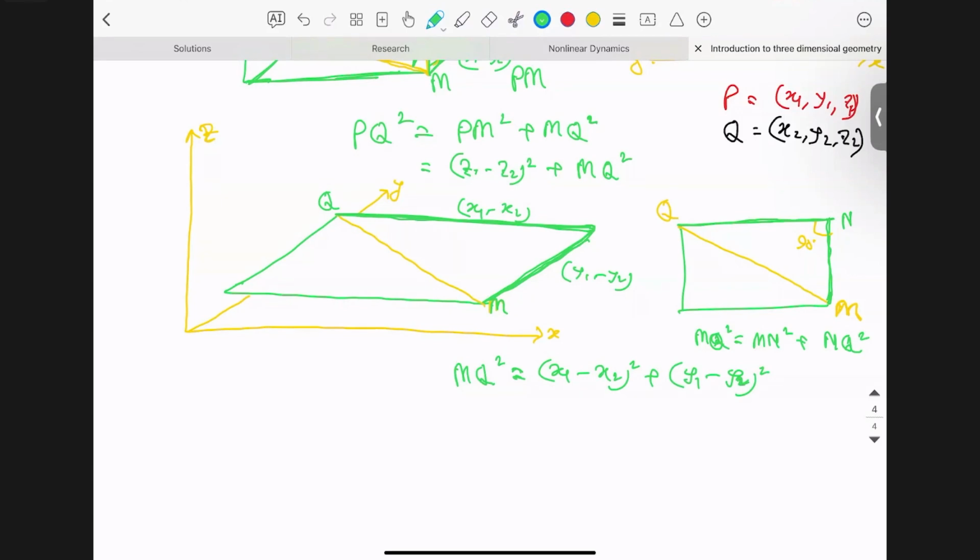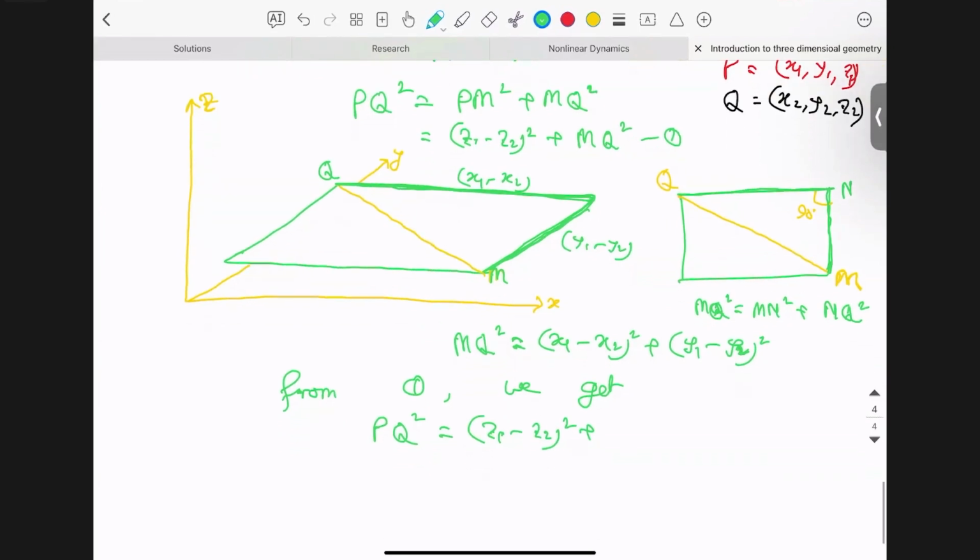So from equation 1 we get PQ square equals z1 minus z2 whole square plus this MQ square, which means x1 minus x2 whole square plus y1 minus y2 whole square.